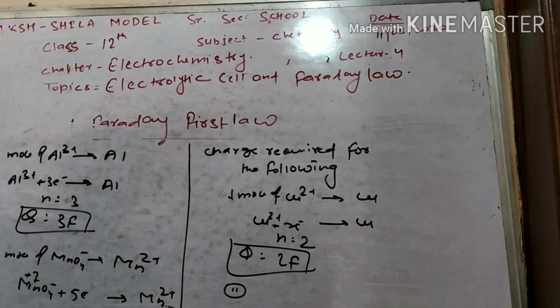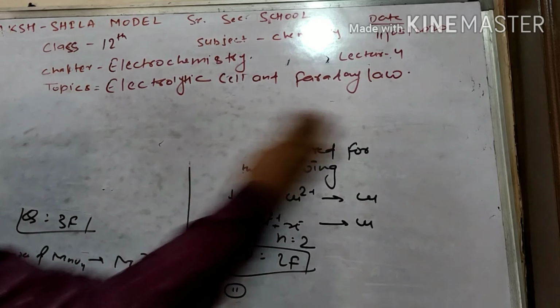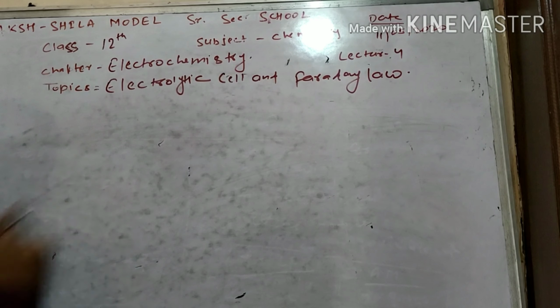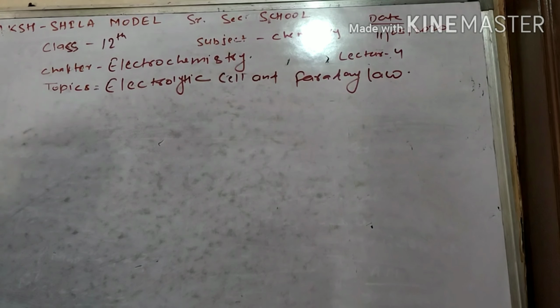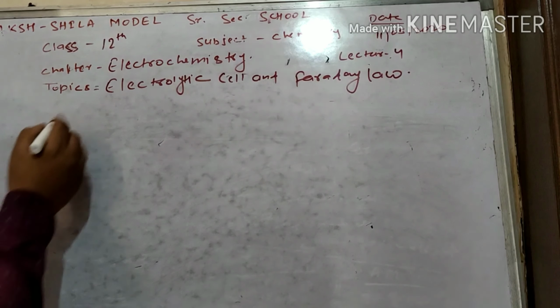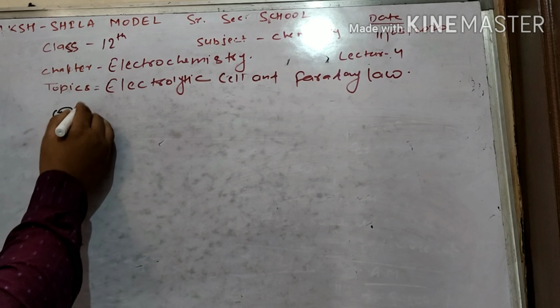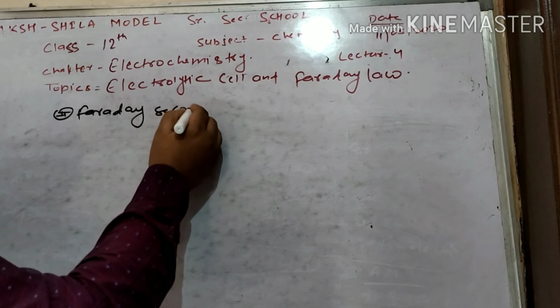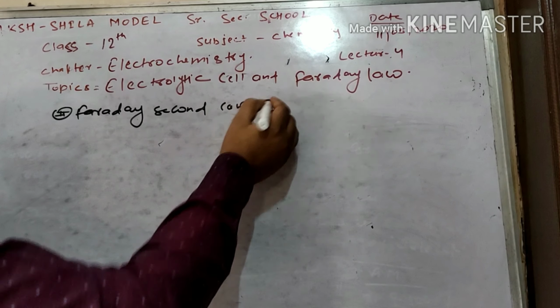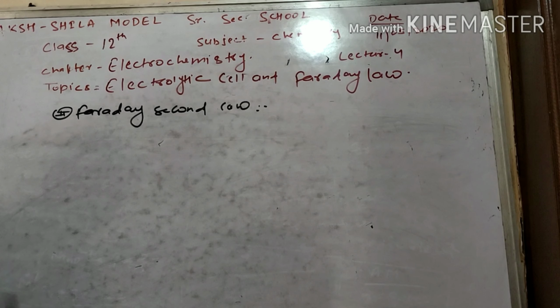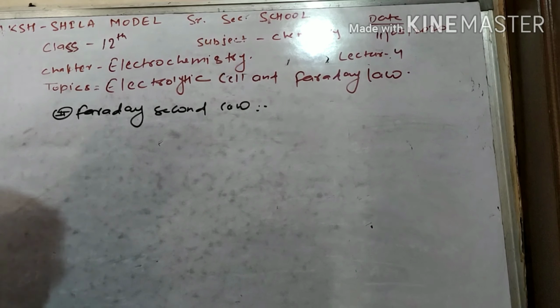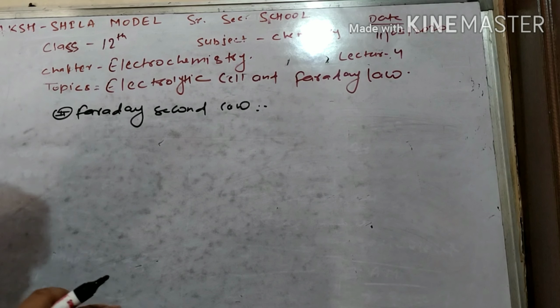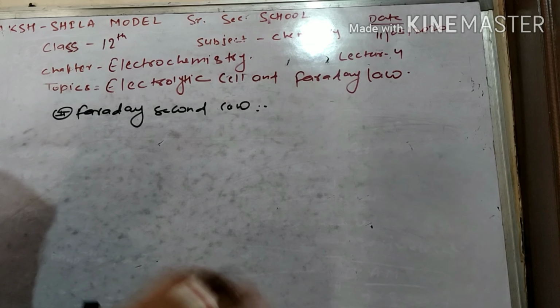And we will learn Faraday's second law. Faraday's second law is generally used when two or more electrolytic cells are connected in series, because in series the current is the same.